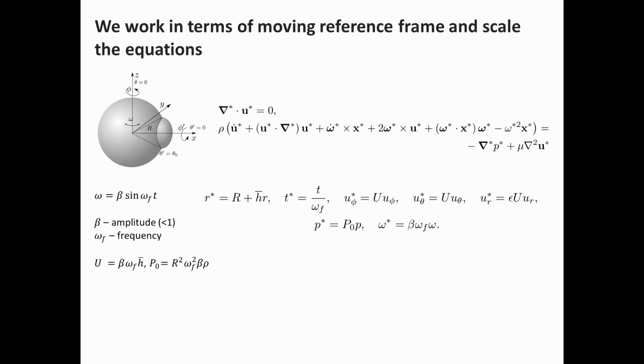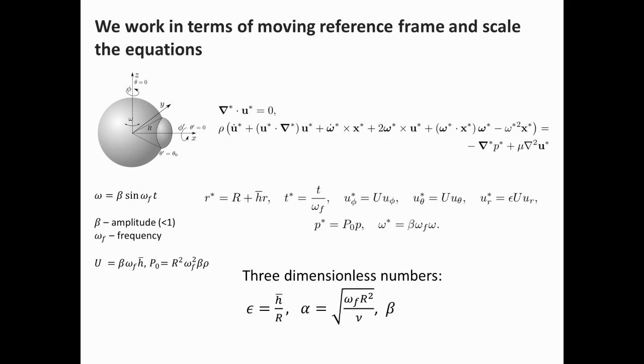The essential feature of lubrication theory is that your velocity along the thickness of the domain is epsilon times smaller than other velocities, which after scaling gives us three dimensionless numbers. So we have epsilon, which is the aspect ratio of the domain. We have alpha, which is the Womersley number, and beta, which is the amplitude of the rotations.